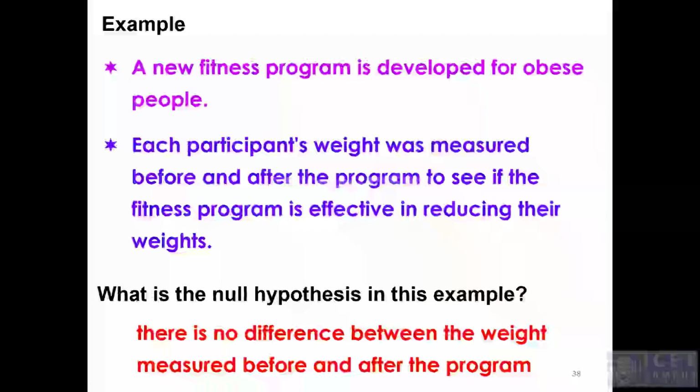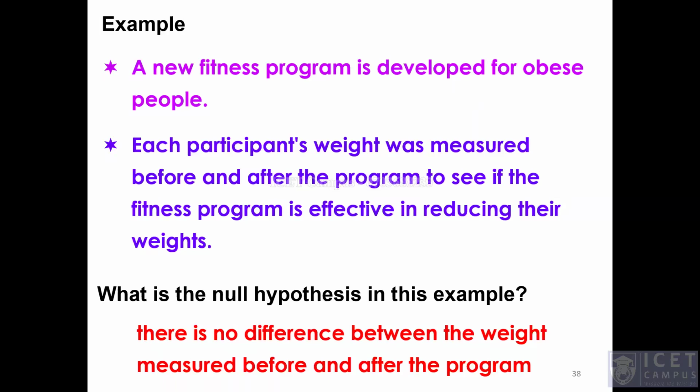Example: a fitness program is developed for obese people. Each participant's weight was measured before and after the program to see if the fitness program is effective in reducing their weights. So that is actually the experiment.